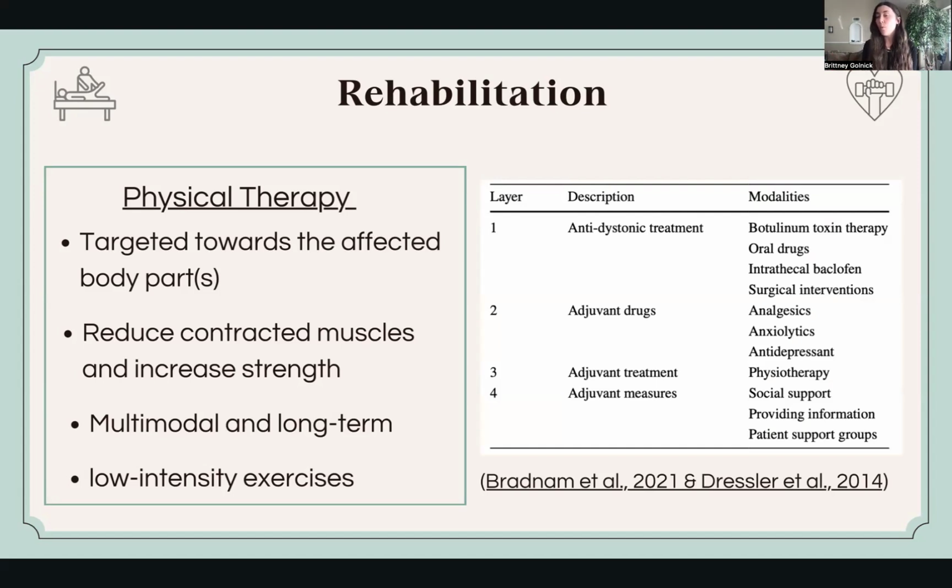If you only had one, then it might not be able to affect the whole disease in certain ways, if that makes sense. But having all of these different modalities is helpful because it allows someone to test different things and see what works for them and kind of layer on the different modalities so they can have a better reaction, I guess you could say, to the different treatments that they use.